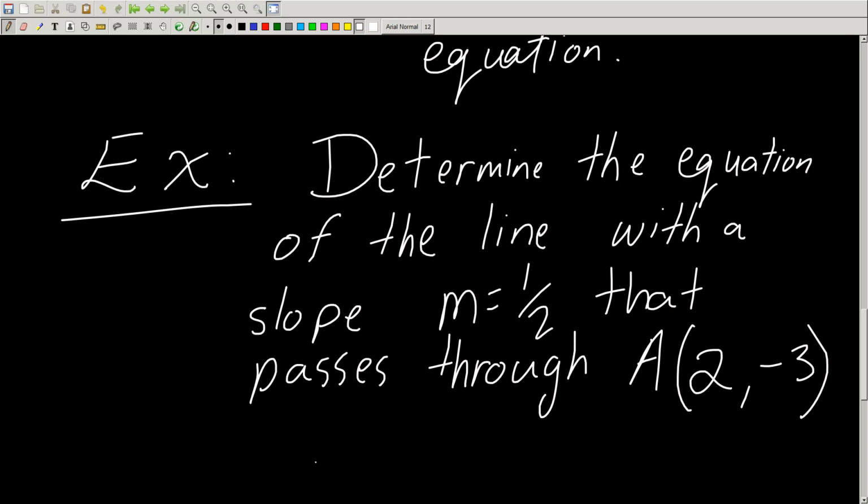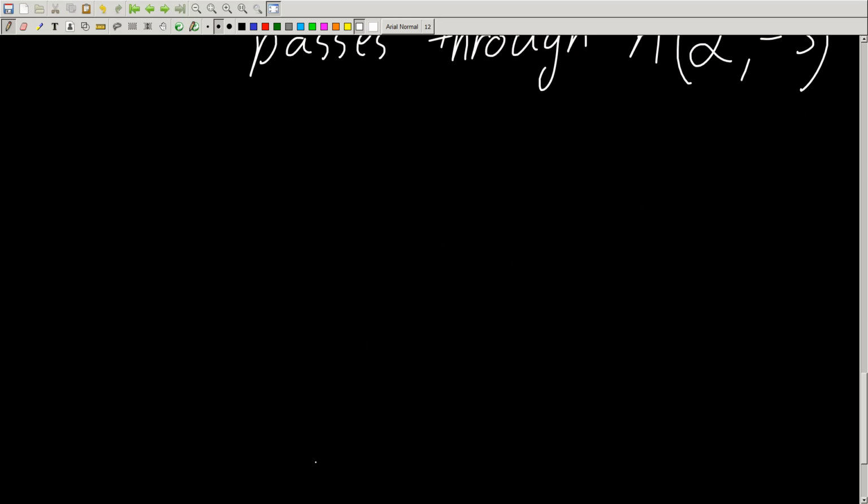How's that? So we want to find the equation of the line y equals mx plus b with a slope m equals 1/2 that passes through (2, -3).